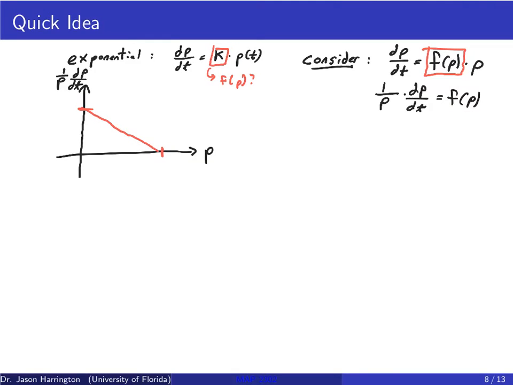So here I would have some initial rate of change, 1 over p dp dt. So I'd have 0 comma r. And then the population is going to have a maximum. So that's when the rate is going to be 0. So I'm going to call that a carrying capacity. So that's just going to be k comma 0. And this is a line. That's linear.